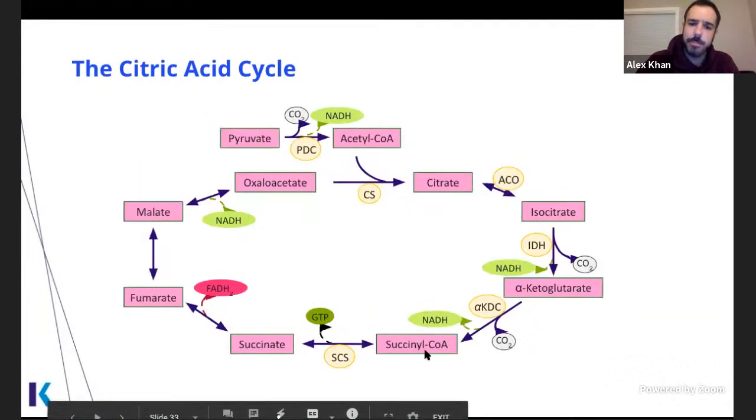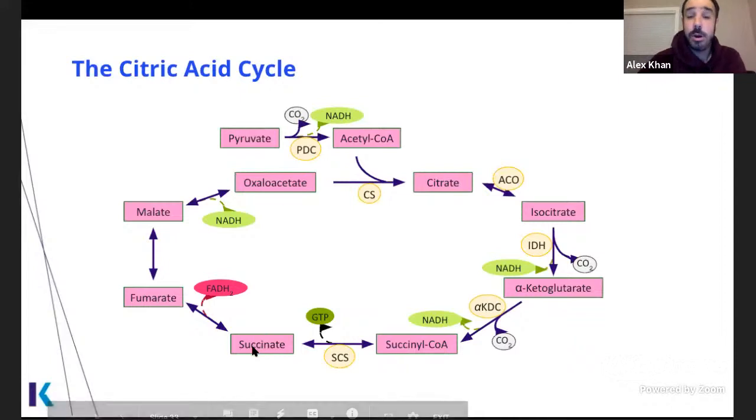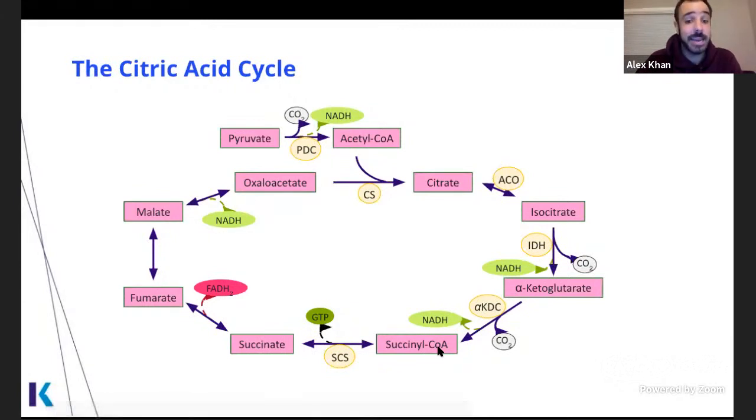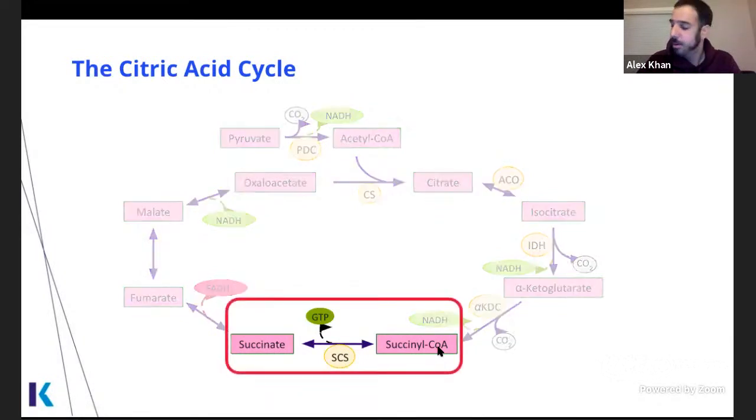All right, so we're down here at the bottom. We have succinyl-CoA, and we're going to be creating succinate. Now remember, I had mentioned CoA has a thioester, very high energy, and how breaking that thioester releases a tremendous amount of energy that can then be used to do some cool stuff. So this is what's going on here.